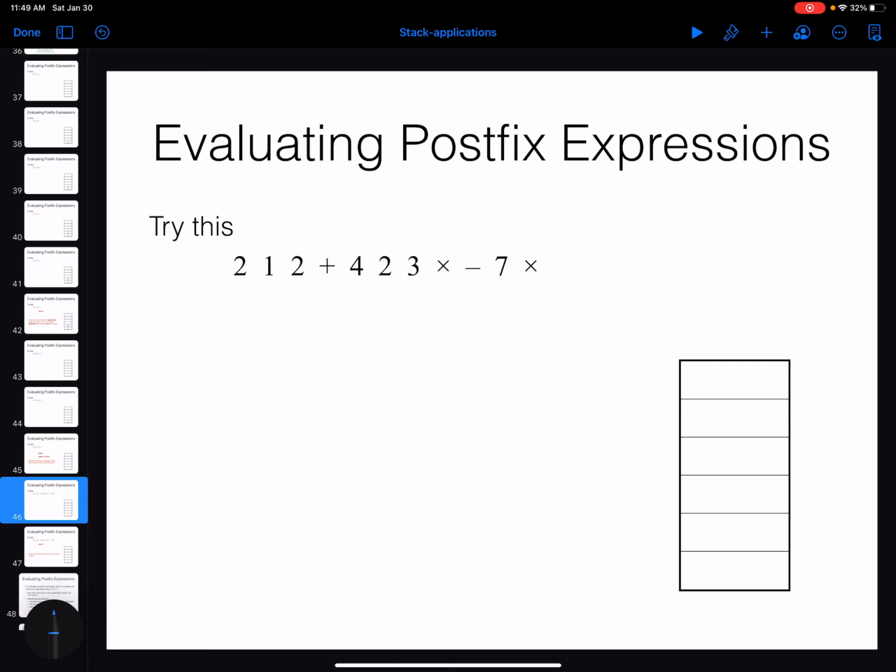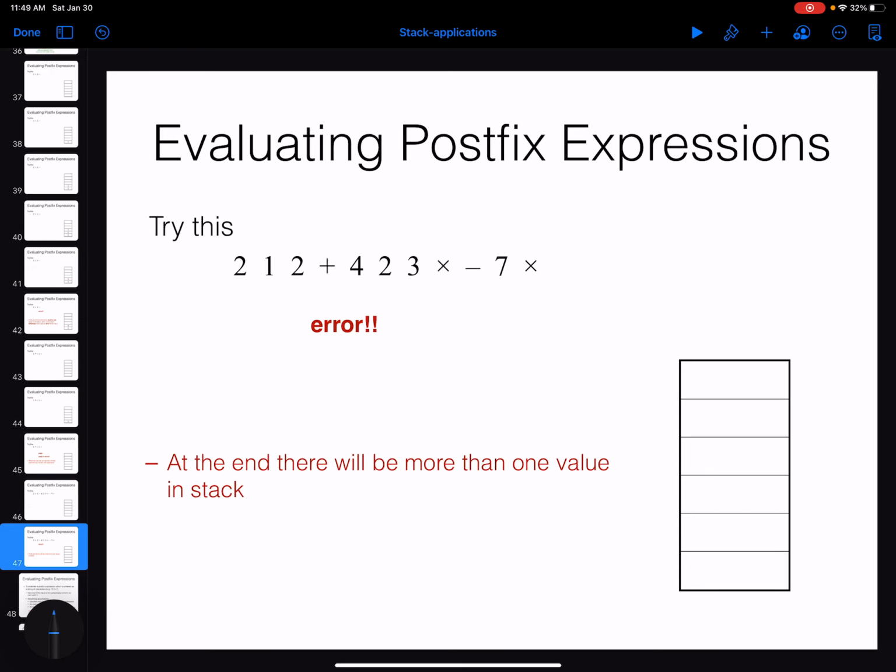Okay, so here this example again has an error. This is just a long example and we have already seen enough examples. Just apply it for yourself and you will see that at the end you would have more than one value in the stack. So this is going to be a type of error.